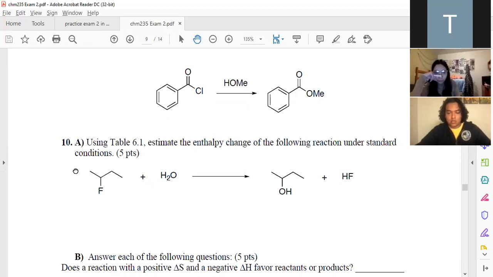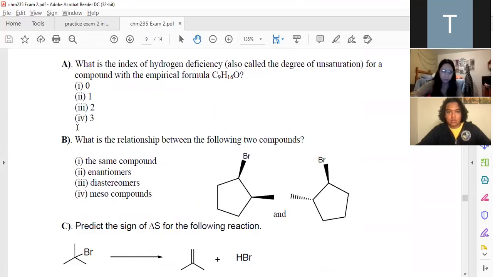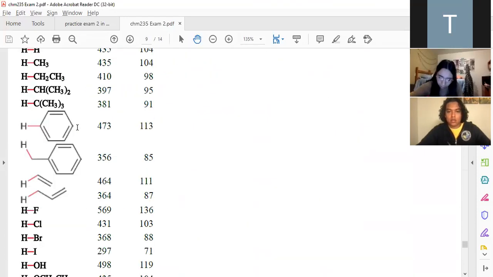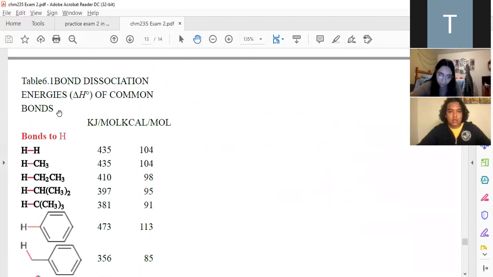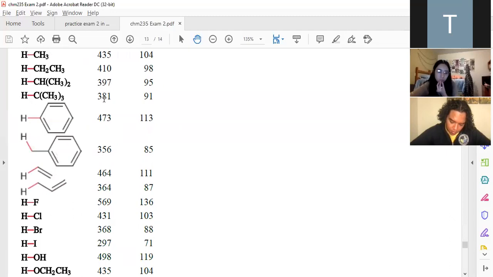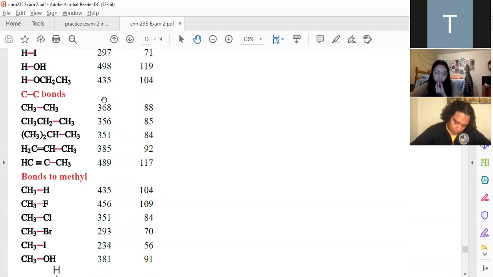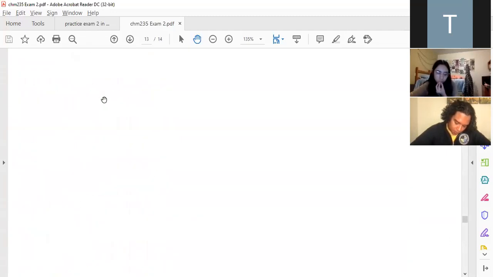So if you have bond energies, it's reactants minus products. If it was the energy of the molecules, like delta H of formation, then it's products minus reactants. But if it's bond enthalpies, you do bond energies of the reactants minus bond energies of the products. Make sense?